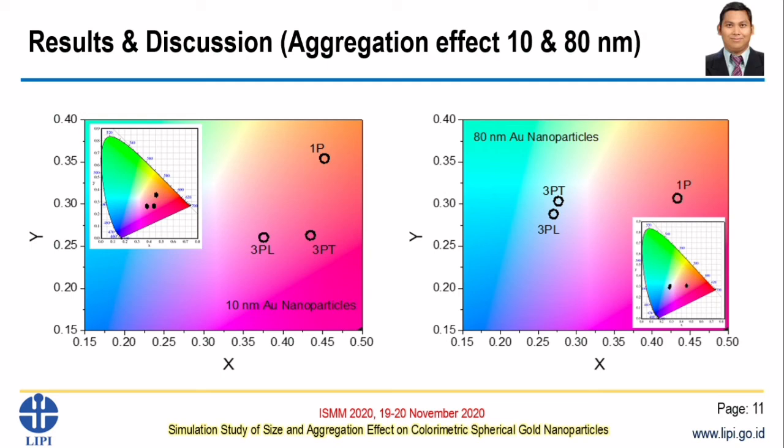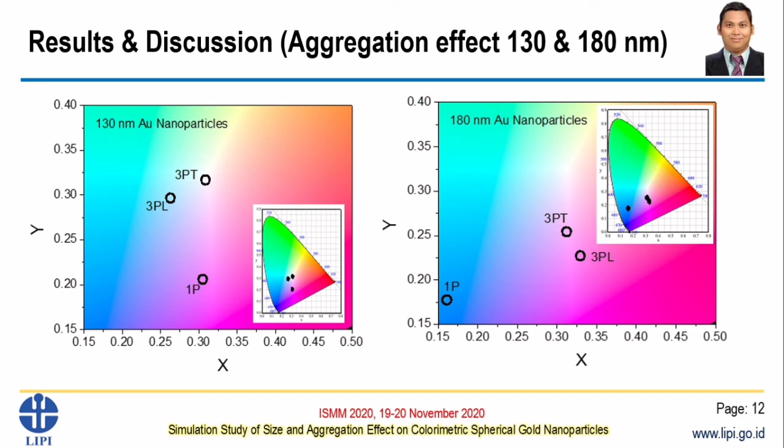This color change is mostly due to change and additional scattering peak on extinction curves. Mostly, the scattering is in longer wavelength or red color. Thus, the appearance color that we can see by our eyes is blue.